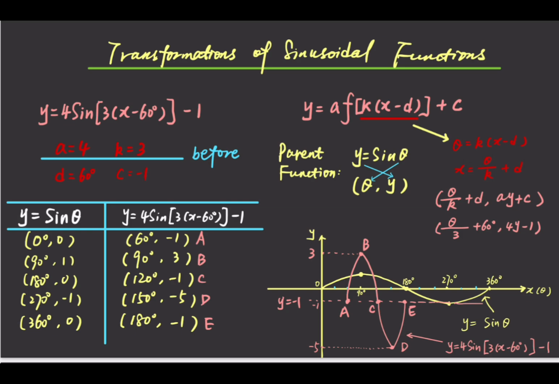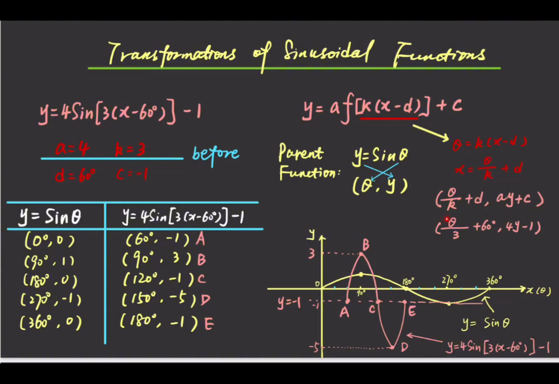Okay, now here k is 3, so we use 3 to replace k. D is positive 60 degrees, so we use 60 degrees to replace d. Y is y. A is 4, plus c. C is -1, so we use -1 to replace c.